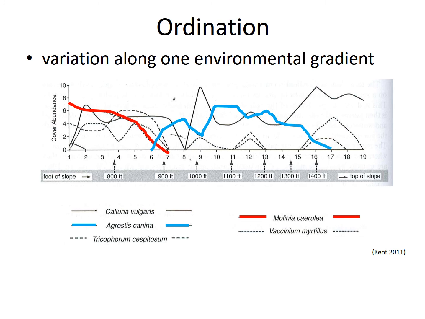In contrast, we've got Agrostis canina, which has its higher cover abundance at mid-altitudes. Finally, we could have something like Vaccinium myrtillus, which occurs across the gradient, but something else seems to be driving variation in its cover abundance. Okay, so it's just an example of how ordination along one gradient would work.